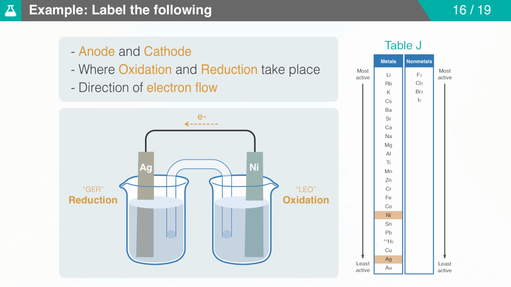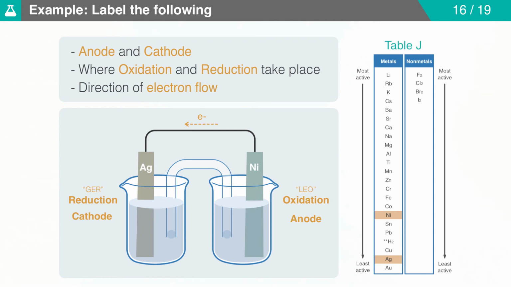Then I use my AN OX, RED CAT. So the anode is the site of oxidation. So this is my anode, and therefore this is my cathode. And you see that we essentially labeled everything they're asking.